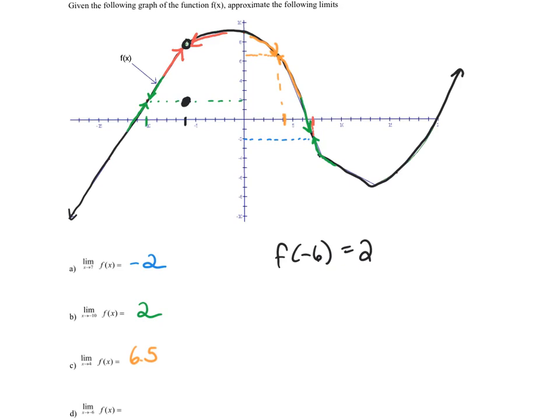So if I look at these two red arrows, as I'm coming from values smaller than that and larger than that, it does not approach 2. It actually approaches this empty circle up here of 8. So the limit is actually 8 for this one because the limit is where the graph approaches at that point, not what happens at that point yet.